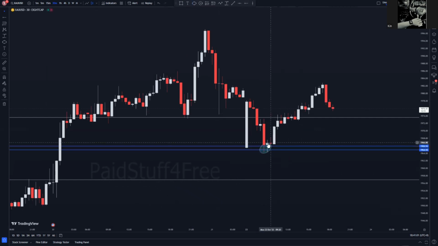Because inside of this zone, there was a confirmation entry. But remember, don't ever enter any position without a confirmation entry. Don't ever take trades without using the confirmation entry. All right? No CE, no entry.